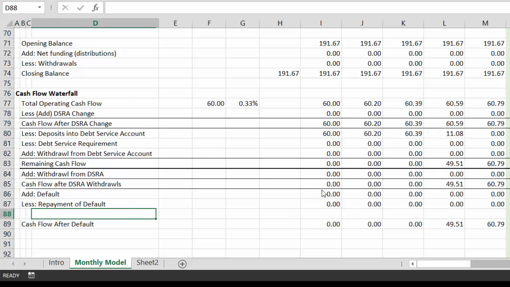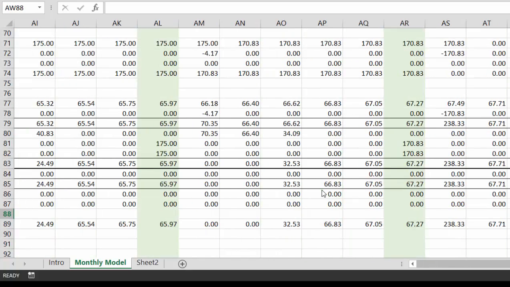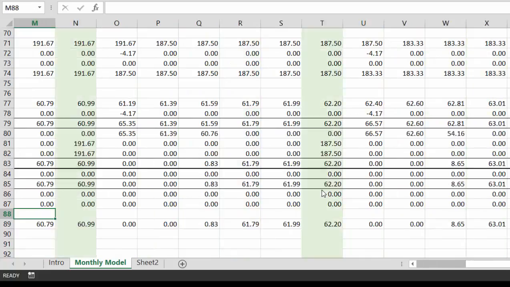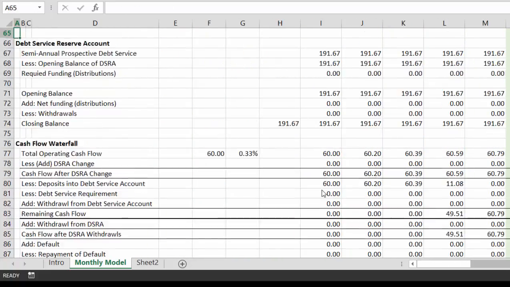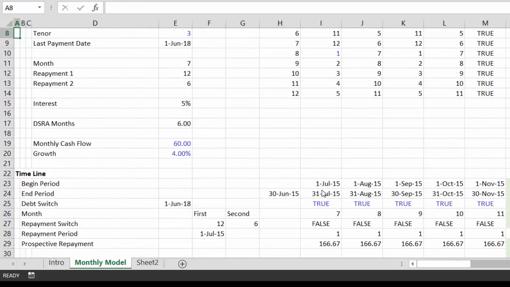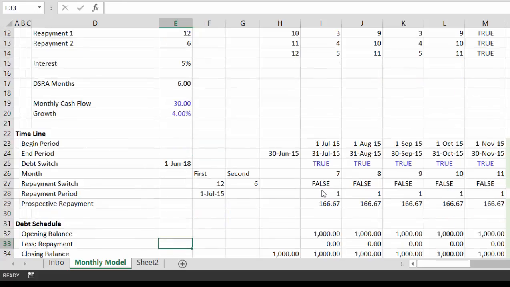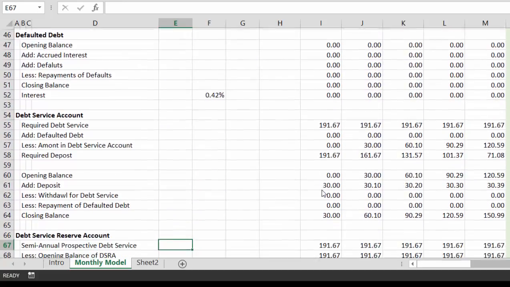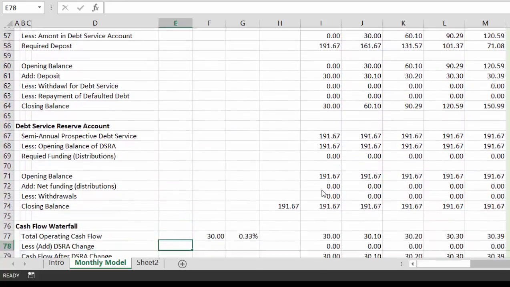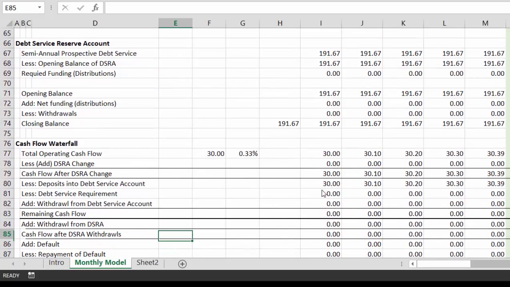I hope you've heard that one before. Then we have this. Now let's put our default in here. So let's switch our cash flow and make our cash flow 30 instead of 60. And when we make our cash flow 30, let's see what happens.